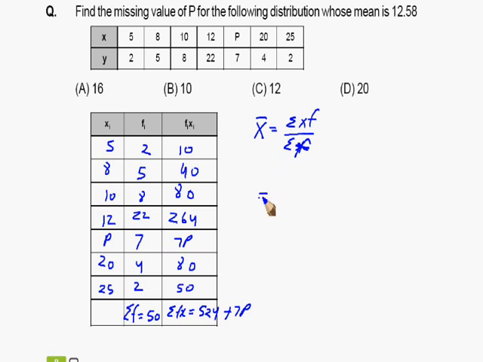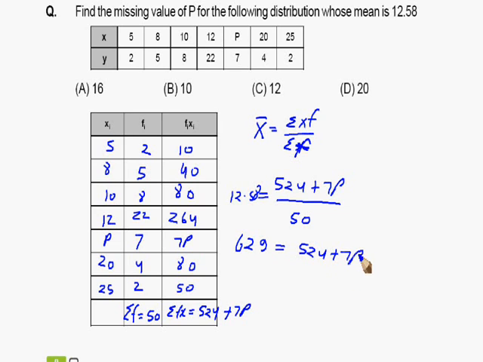So the mean is defined as sigma xf divided by sigma f, that is 524 plus 7p divided by the summation of frequency, which is 50, and the mean is given as 12.58. By cross multiplying we get 12.58 into 50, which comes to be 629, equals 524 plus 7p.